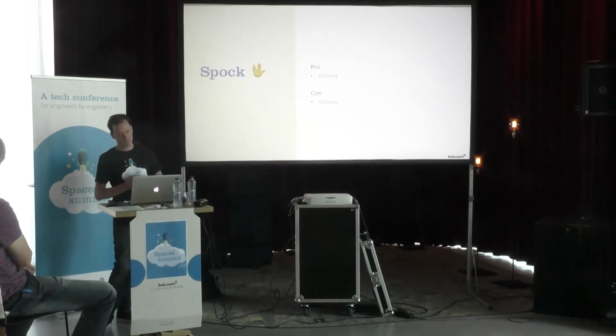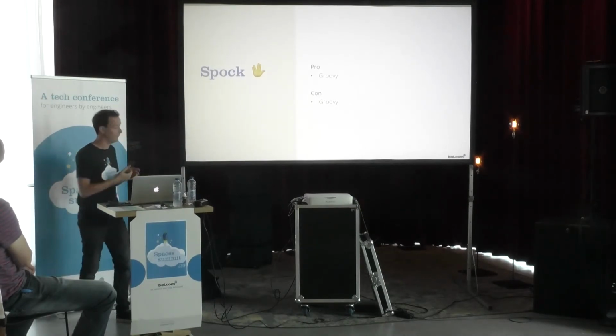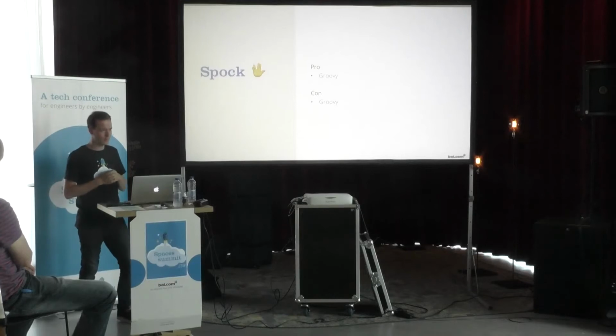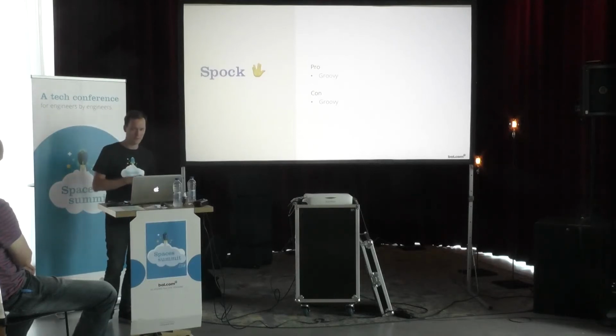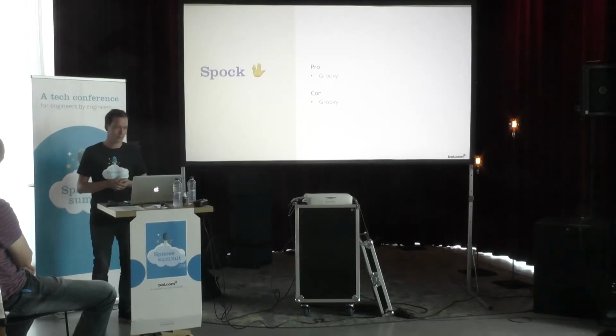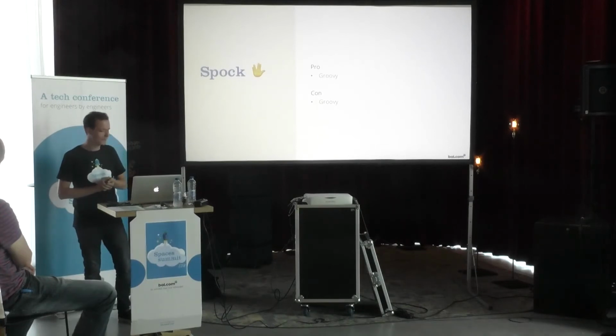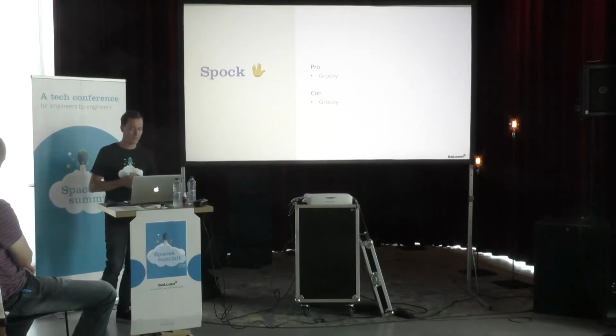But there are some downsides, and most noticeably, it's Groovy. Instead of statically typed languages like Java and Kotlin and Scala, it's dynamically typed. So at runtime, you figure out, okay, these types mismatch, or methods cannot be found, etc. That's actually the largest drawback for us for using Spock.